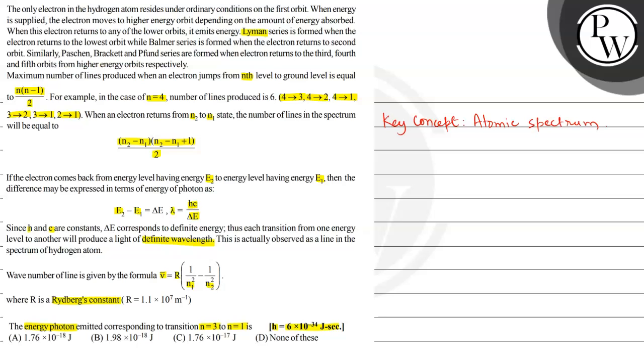So here we have to calculate the energy of the electron that is transiting. We are given from n equal to 3 to n equal to 1. In this case we have to calculate the energy difference or the energy of photon emitted. Now as we know, nu bar is the inverse of wavelength.